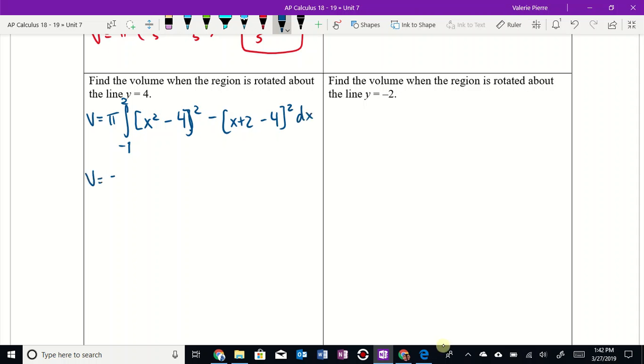So then V equals pi times the definite integral from -1 to 2 of x to the 4th minus 8x squared plus 16 minus x squared minus 4x minus 4 dx.